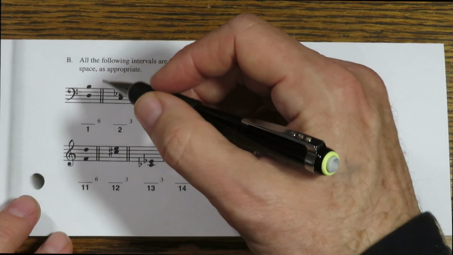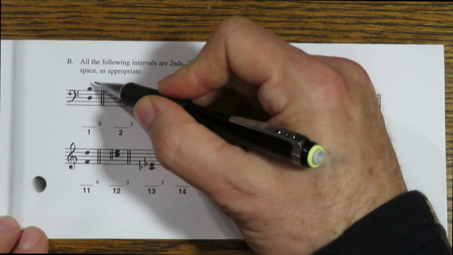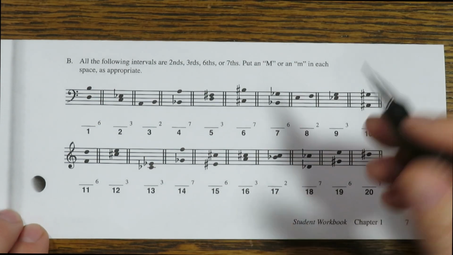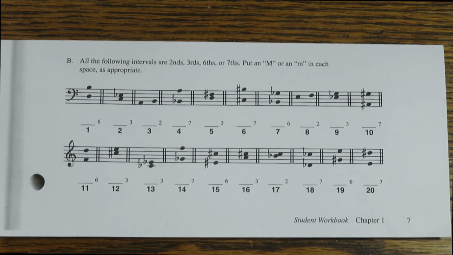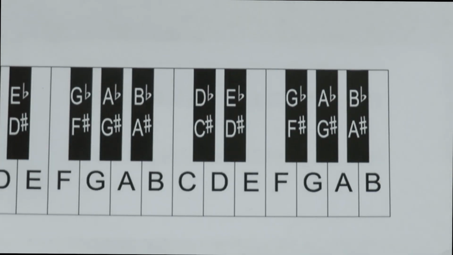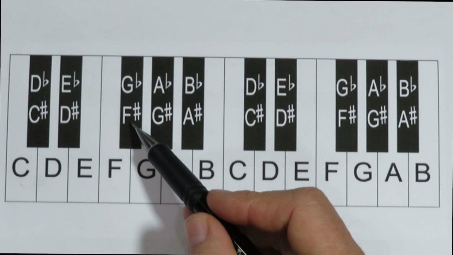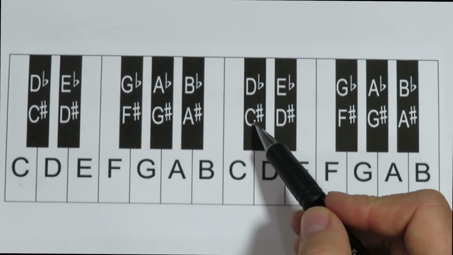So we have bass clef, D to B. Okay, so the D major scale has two sharps, F sharp, C sharp.